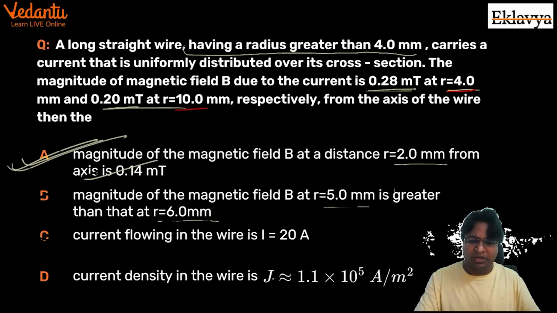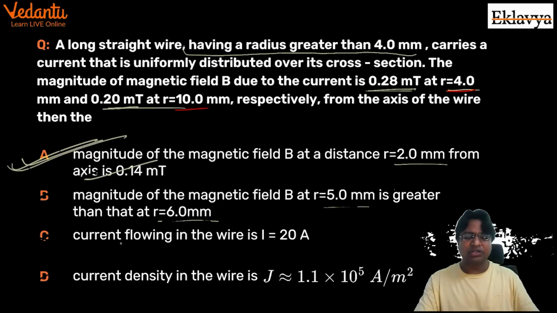If we finish the calculation, it is 7 by 20 pi, which is 0.11 into 10 raised to power 6, so it is 1.1 into 10 raised to power 5. So this is correct. The correct answer would be A, B, and D options.